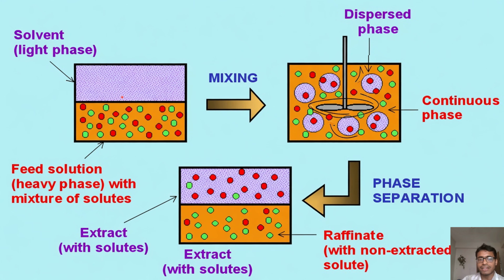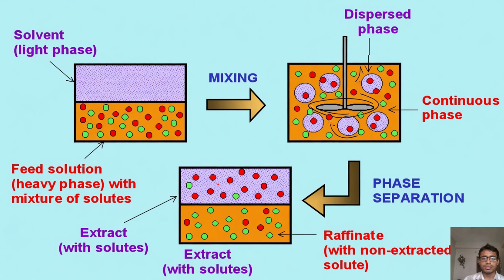The solvent is the light phase, and this is the feed solution with the mixture of solutes. Upon mixing, you can have phase separation. This is the extract with solute, and then the raffinate with non-extracted solute.